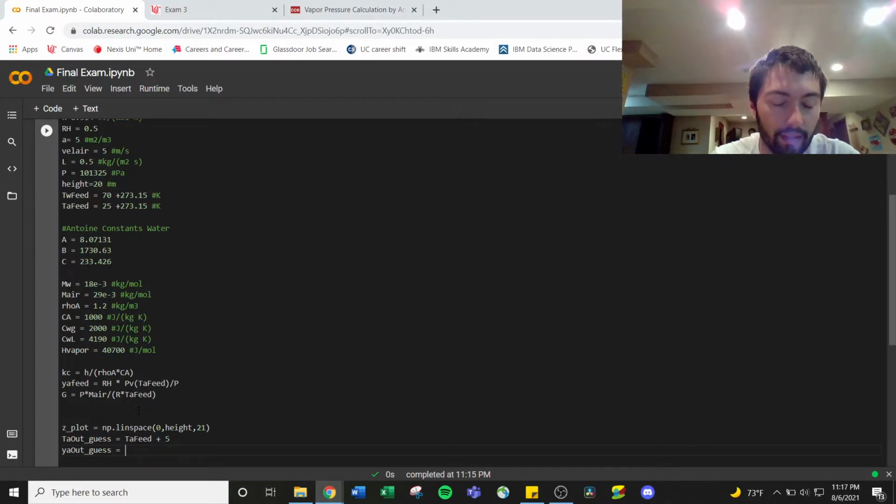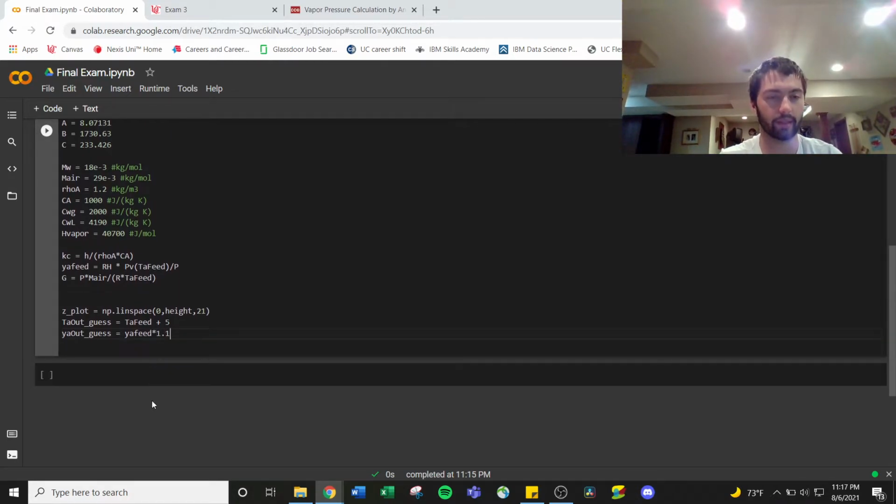And the air is actually going to pick up water as it travels through the cooling tower, so we'll do YA feed times 1.1, so we'll give it about 10% higher. And I think that's all we need for the guesses for the z-plot.